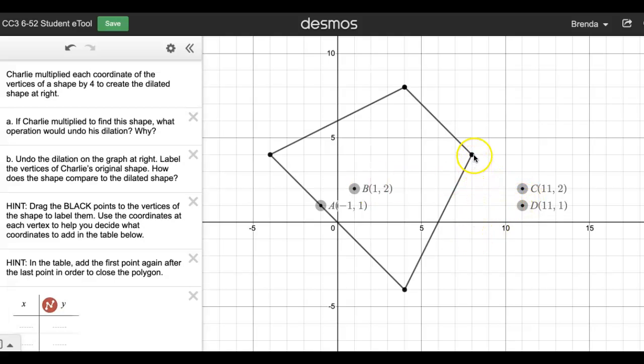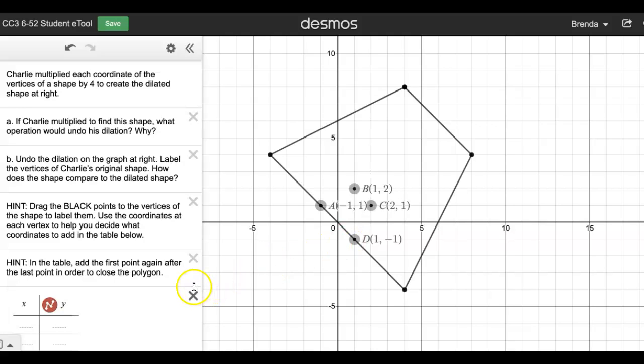And then we'll look at this coordinate here, which is 8, 4. So dividing each one of those coordinates by 4 gives me 2, 1. And then my last coordinate down here, which is 4, -4, which would give me 1, -1.